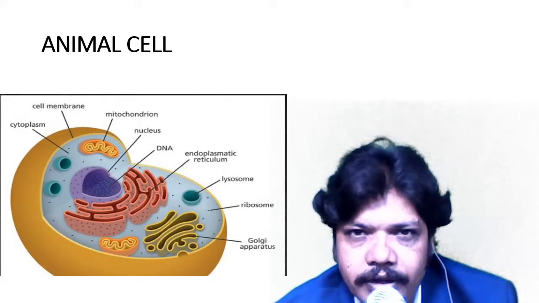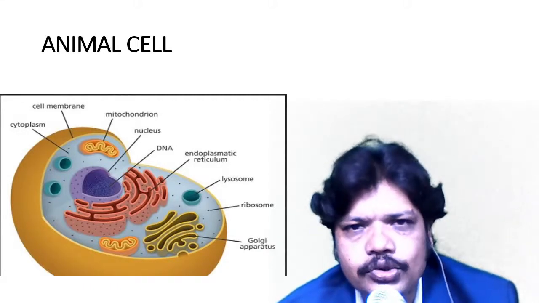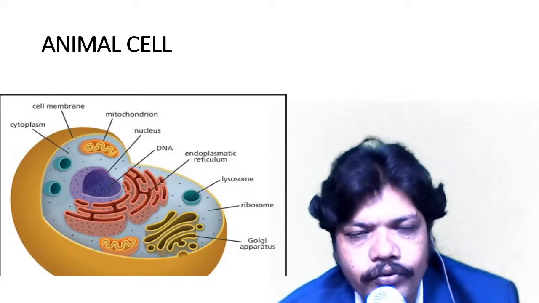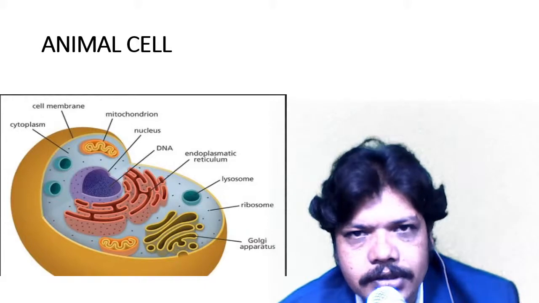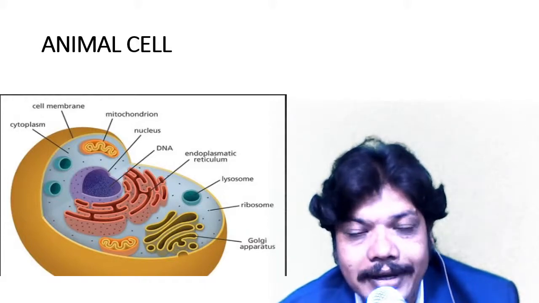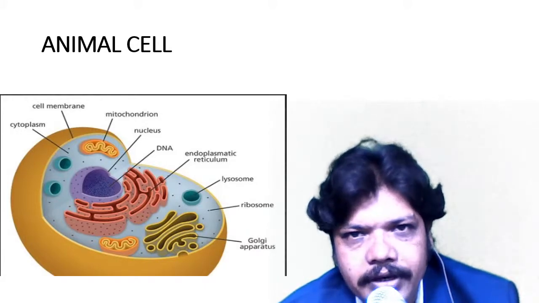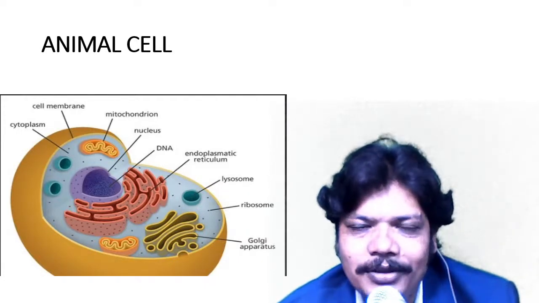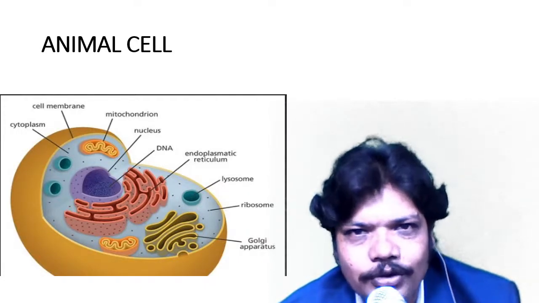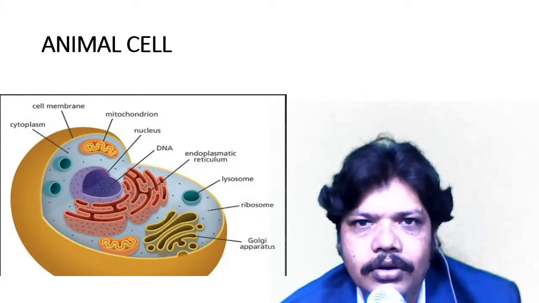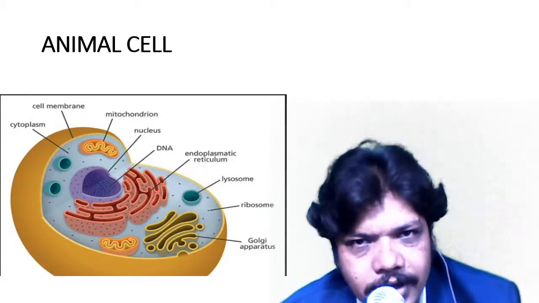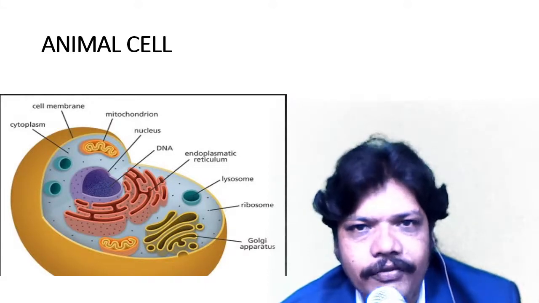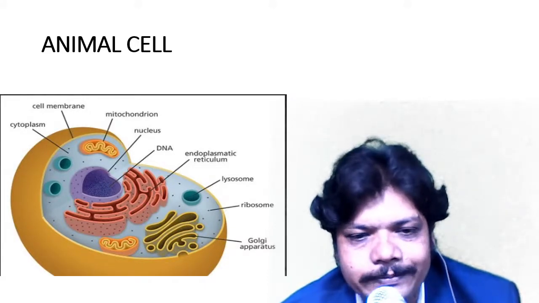What do we mean by phagocytosis? Suppose some foreign body, some foreign organism, attacks or invades the body. At that time the lysosome plays an essential role in killing that foreign organism to save our cell. So the lysosome has a very essential function inside the cell.